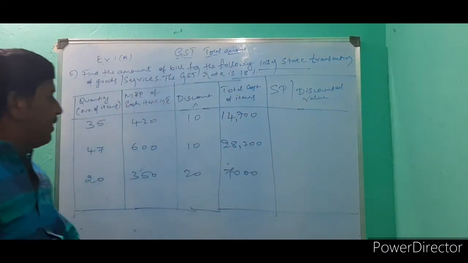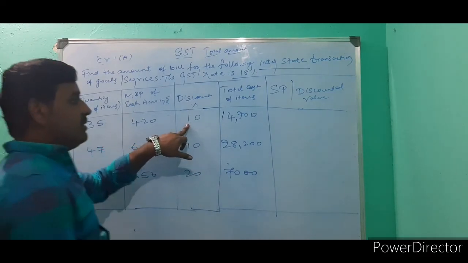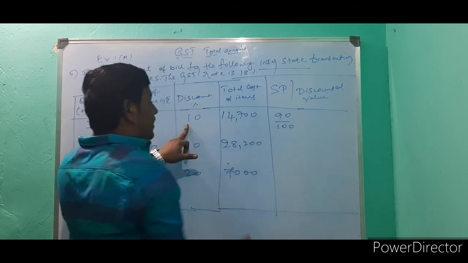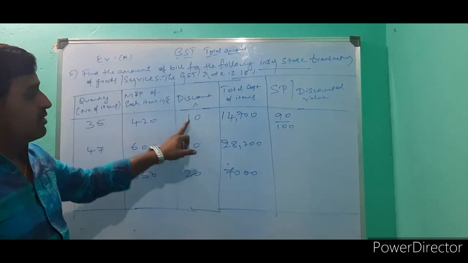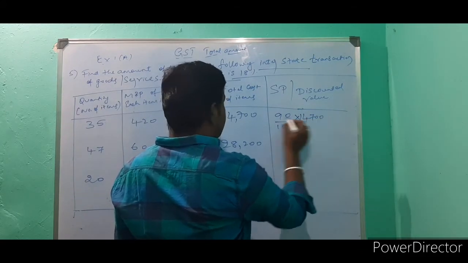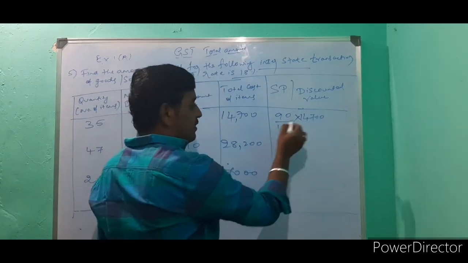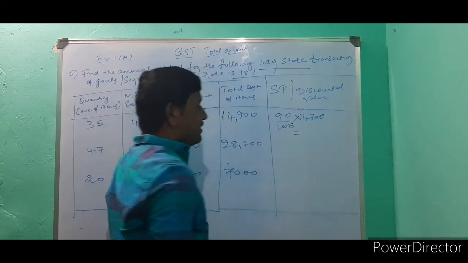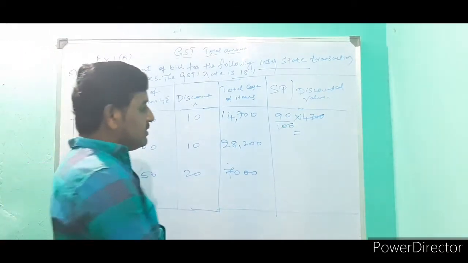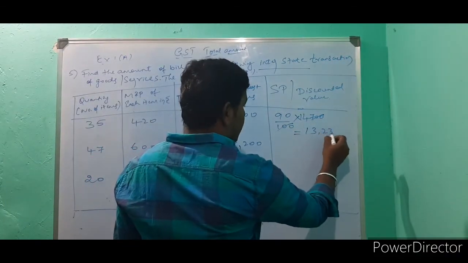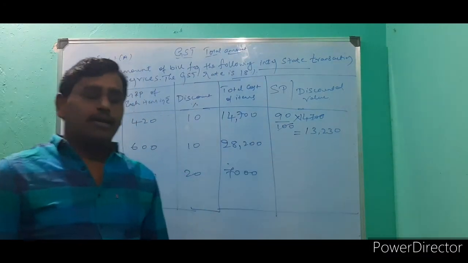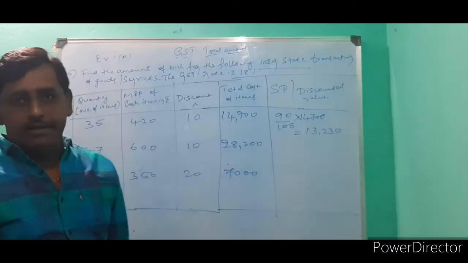Discount is 10%, so the discounted value is 90 divided by 100 into 14,700, the total cost. Cancelling, 90 into 147 gives 13,230 rupees. After discount, you have to pay 13,230.